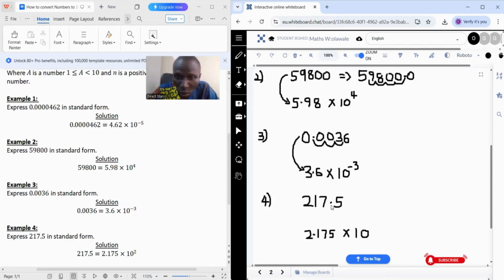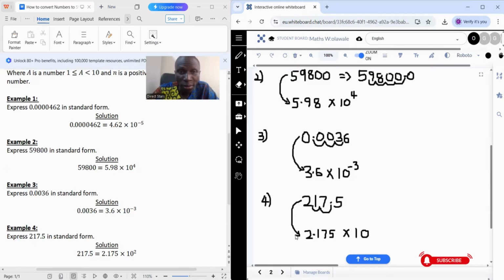So we have 1, 2. We move the decimal point 2 places to have it be the first number, which is 2.175. Then is it going to be positive 2 or negative 2? What we're going to do here is to compare the original number to the first number.